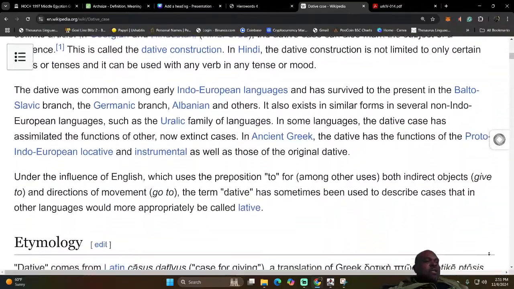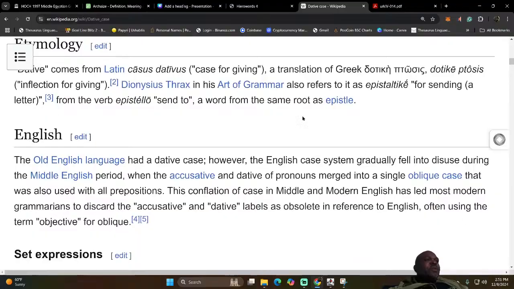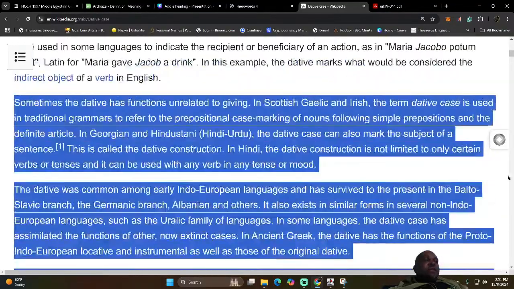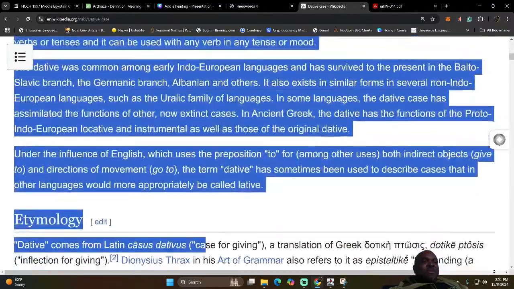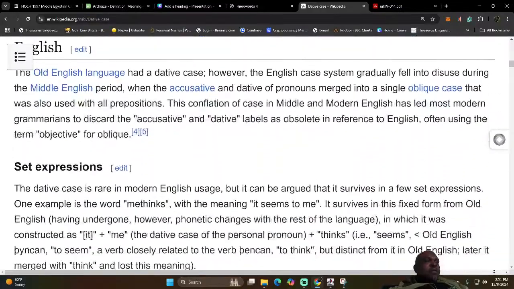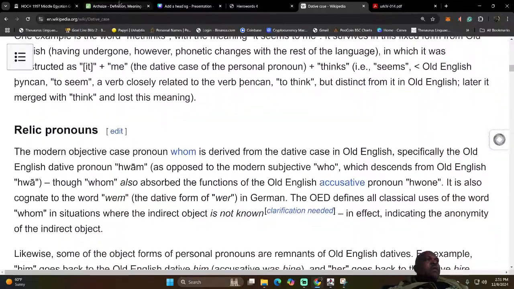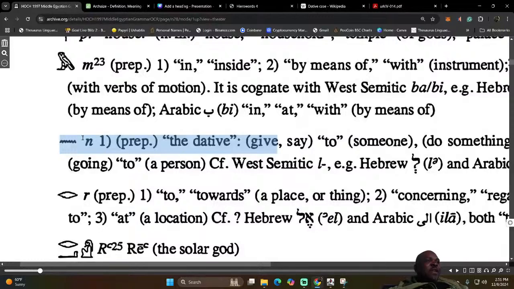All right, now let's look at the Latin real quick. A case for giving. That's what it literally means. All right. So if this is the dative in, it's not the preposition for, to, well, I'll take that back. It is to or for, but it's as in to give somebody something.